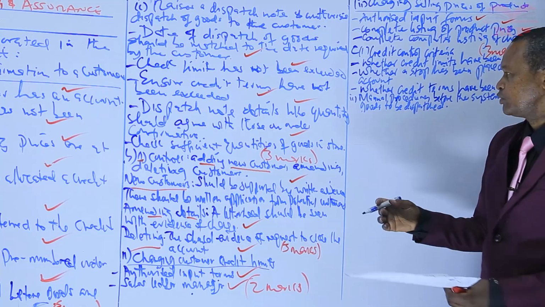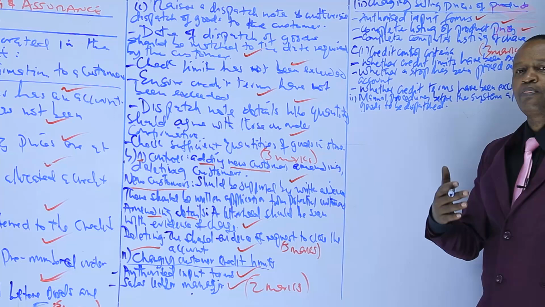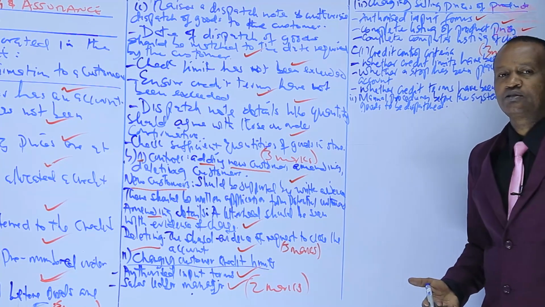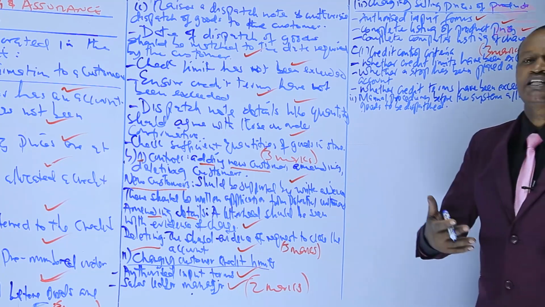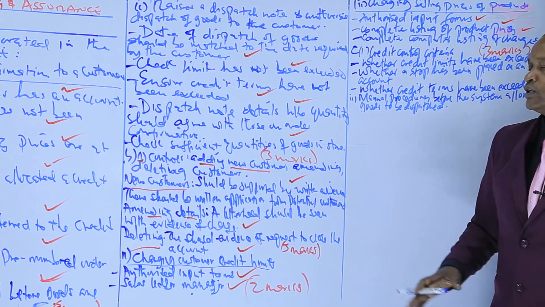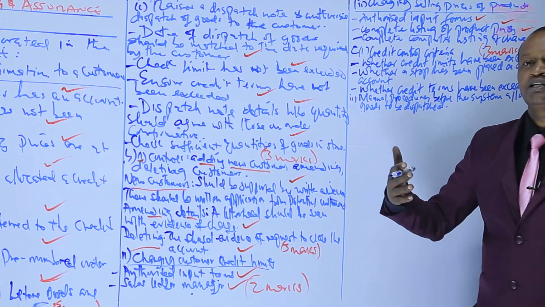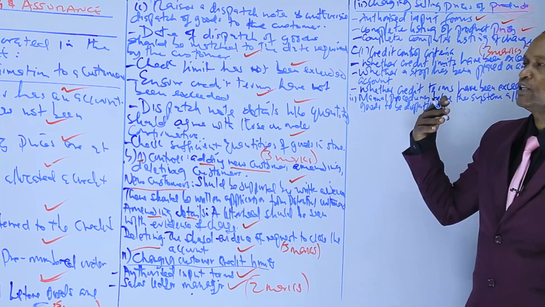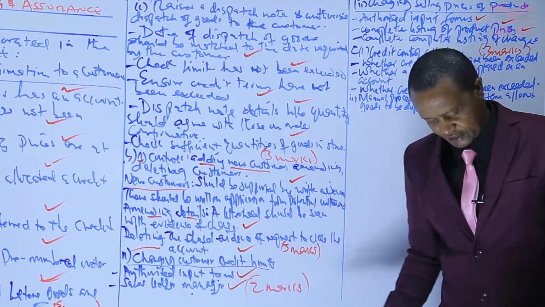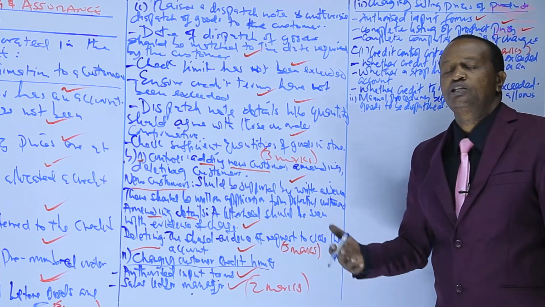Now, the manual procedures should involve deciding whether there are valid reasons for overriding the computer evaluation. Because the computer has been put in place to help the company in the process of dispatching goods to customers. But if the computer rejects dispatch of goods, that does not mean that the goods should not be dispatched to the customer.